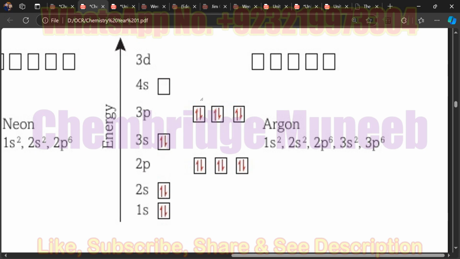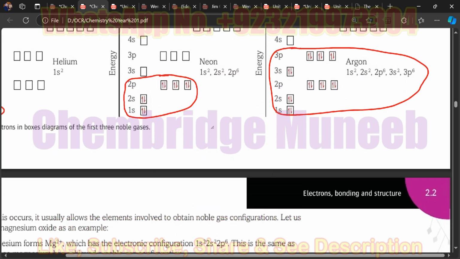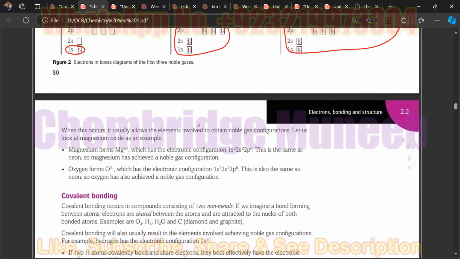And for argon, all the subshells and the orbitals up to quantum number 3 are completed. Is that clear? Yes. Okay, so that's all about the electronic configuration.